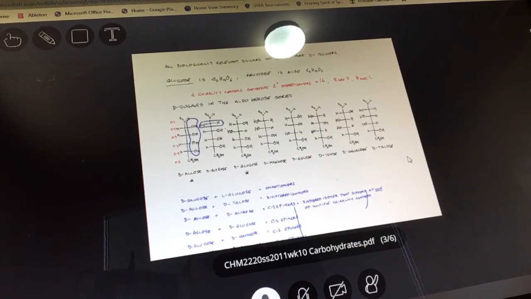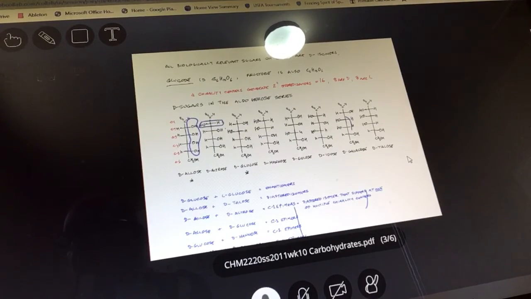So if you learn glucose and you have to know the shape of glucose, and you know allose, and allose is so easy to remember because all of the alcohols are on the same side, then simply being told that one of the other sugars is an epimer of the other will let you know everything on this list. That's the way of getting around this.